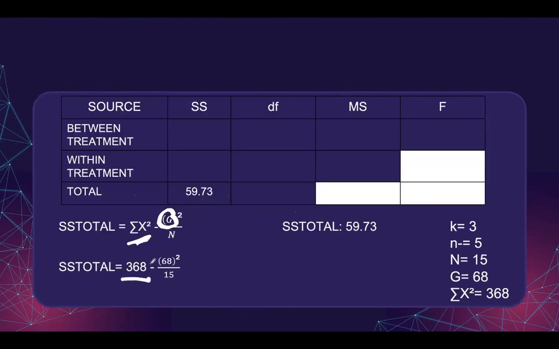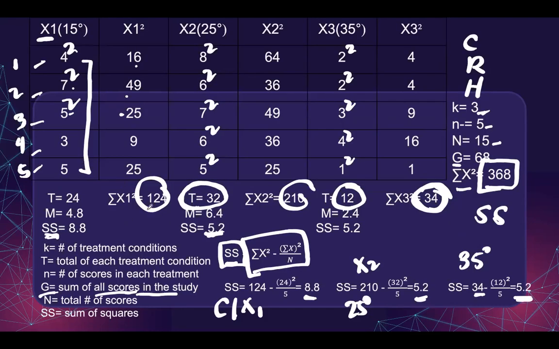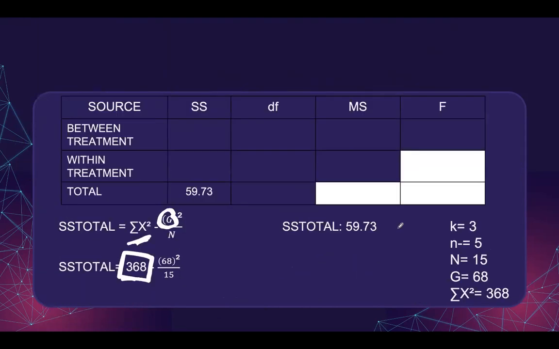So 368, remember, we got the sum of the x squared because we added the three x squared. And then minus the 68, the sum of all scores. And 68, you need to square. So 68 times 68 is equal to 4,624 divided by 15.